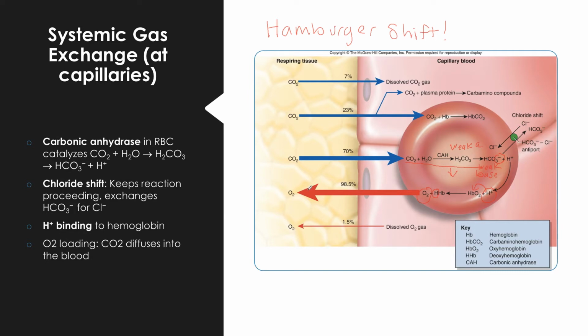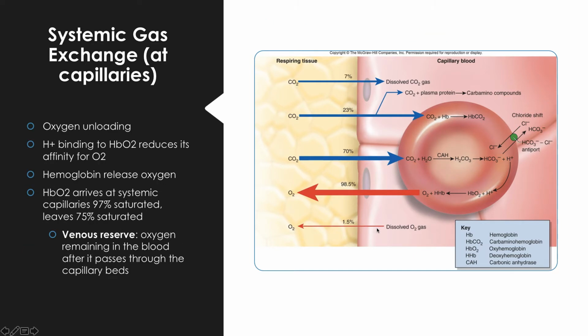So you need the carbonic acid reaction and you need the chloride shift in order to free up this proton to keep oxygen unloading. So CO2 loading and oxygen unloading are linked processes. Some other things to consider when you're thinking about oxygen unloading.